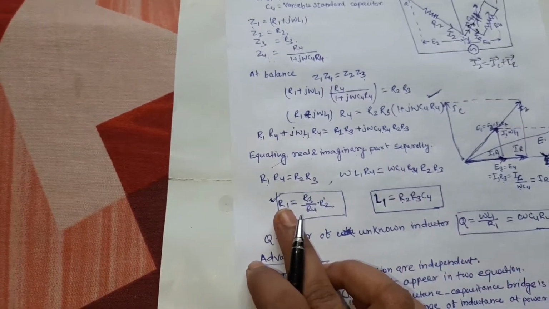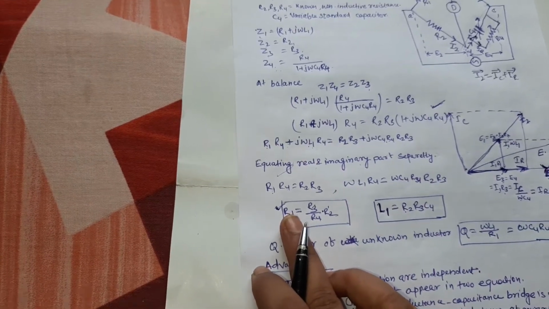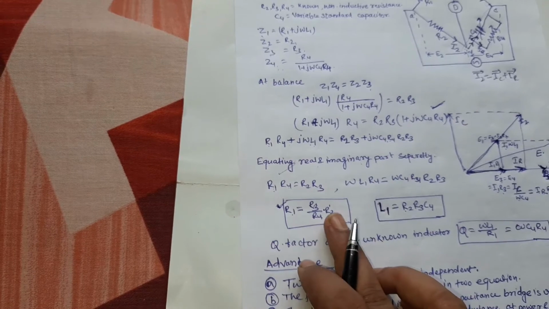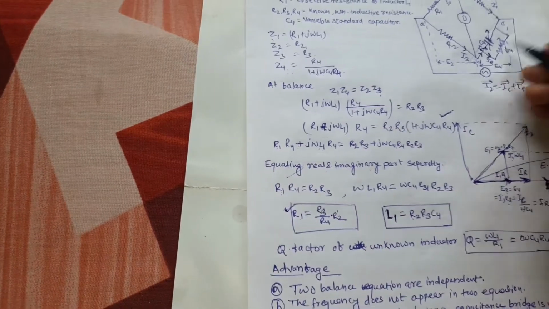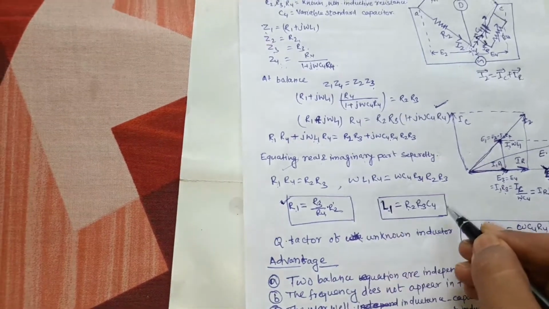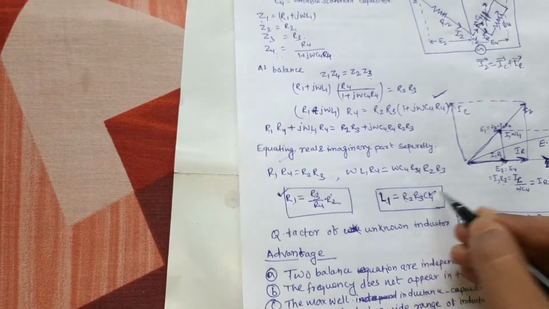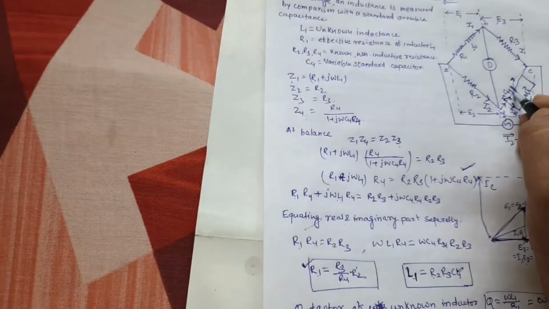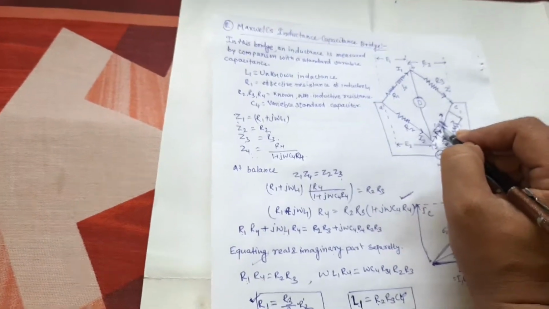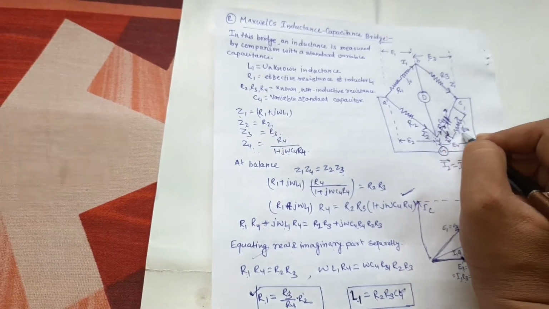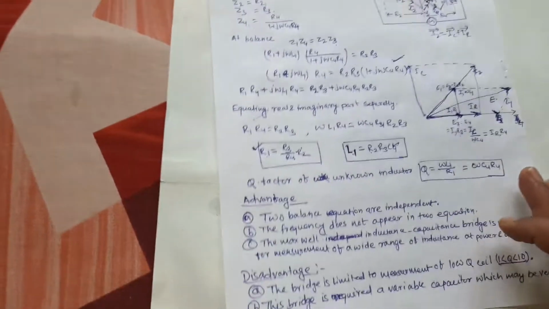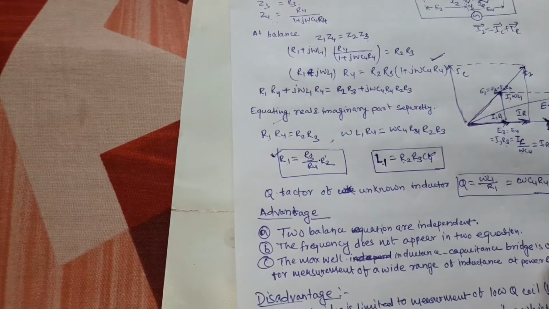That means the internal resistance of the inductor is obtained by balancing R4, and the unknown inductance L1 is obtained by balancing C4. So these are independent equations. By varying C4 you can get L1, and by varying R4 we get the value of R1. This is the advantage of Maxwell's inductance bridge.